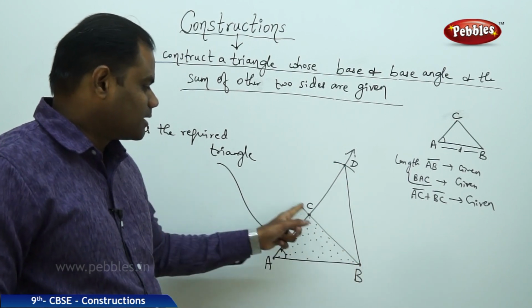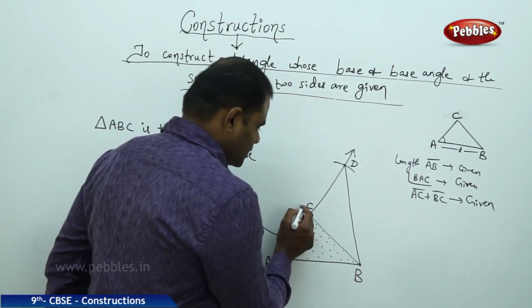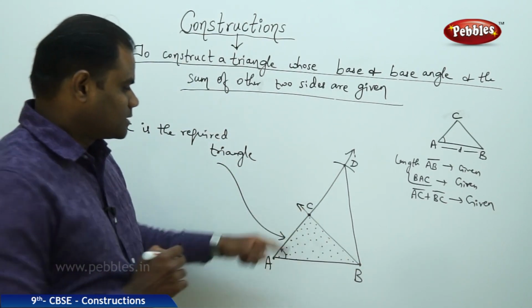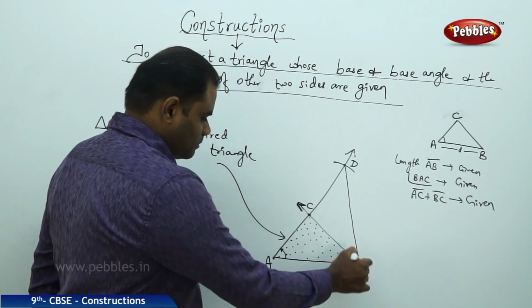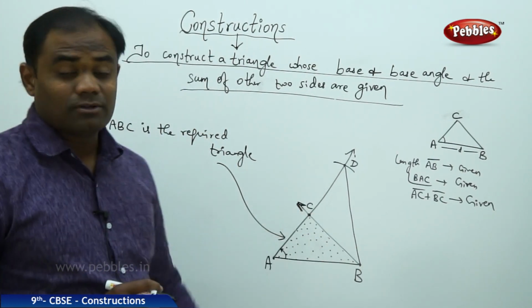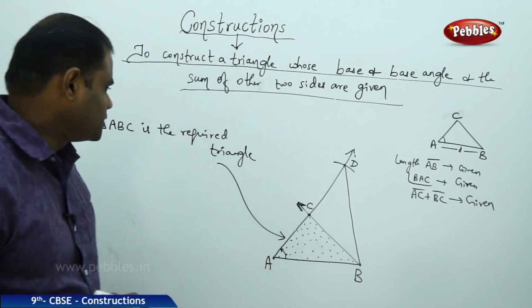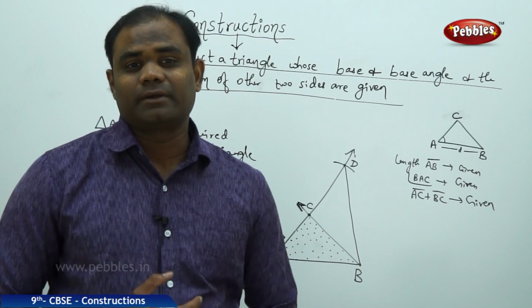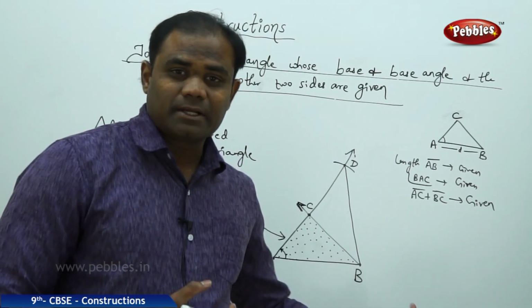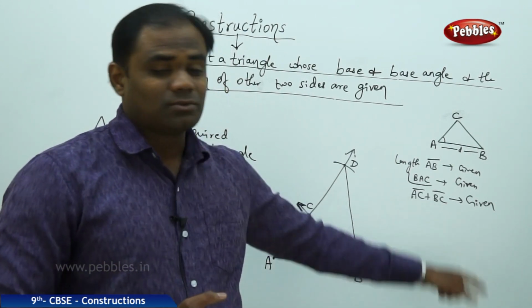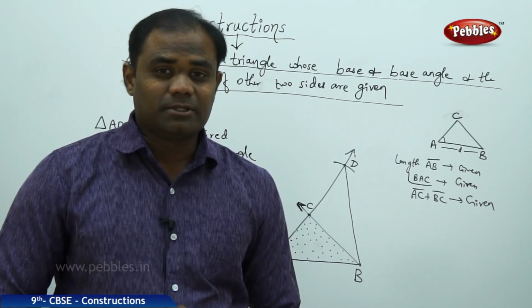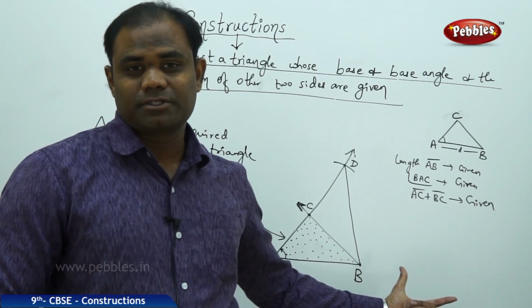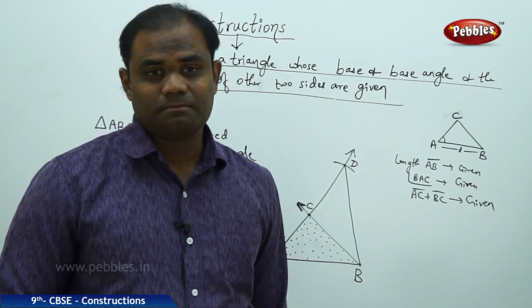Then I find the angular bisector at B, which cuts this line AD at C. So this angular bisector which cuts at C will form a triangle ABC as represented by the dotted region. And this dotted region is the triangle ABC and is called the required triangle. Given the base and the base angle and sum of other two sides, a triangle ABC can be constructed using this process. Construction of triangle ABC.